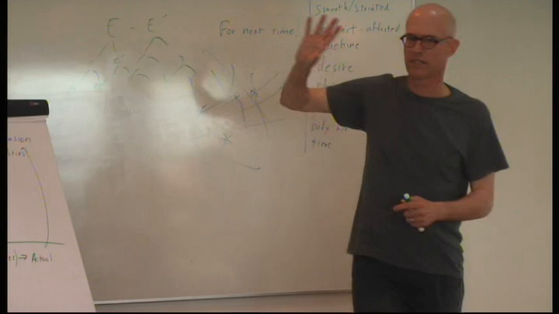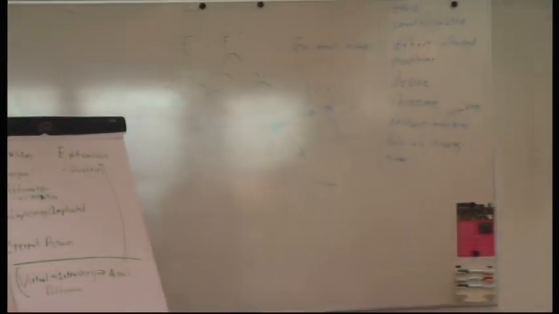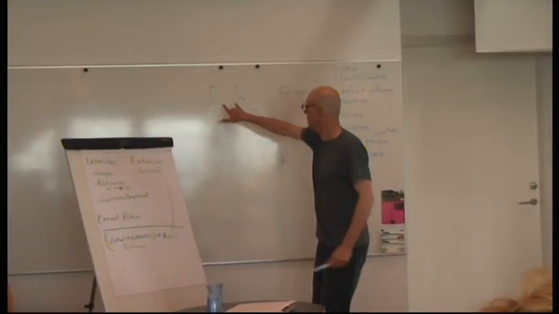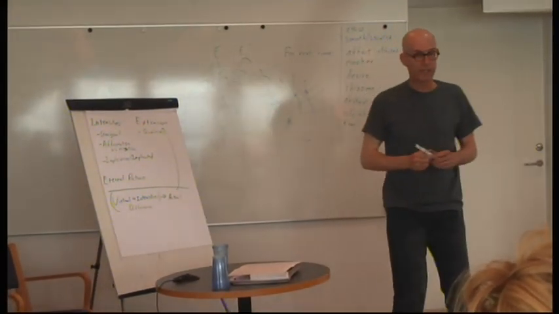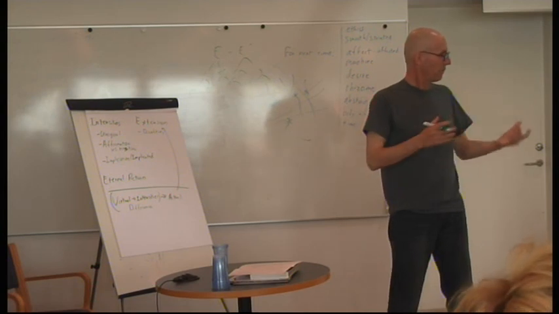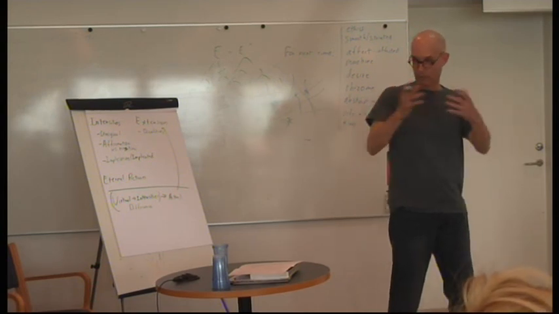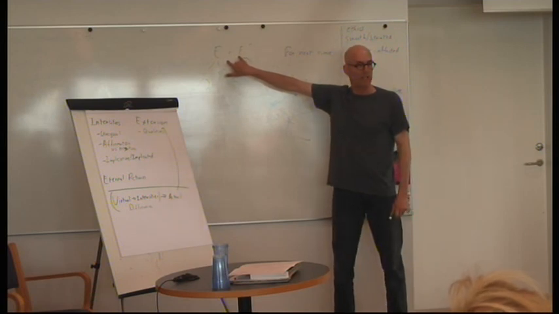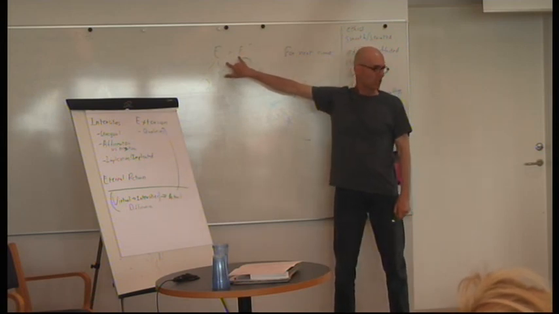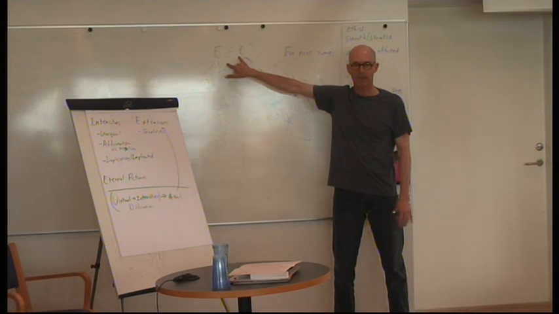Now, one way to understand this is to go back to the examples that we've been working with. A simple example, if you've just got two things, let's say two people, think of the love relationship. You've got two people, and there is a tension between them. Remember, this word tension doesn't necessarily have to mean anything bad.